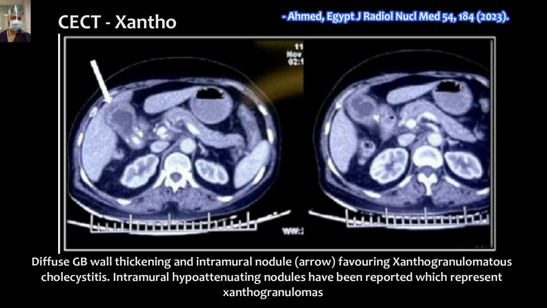As I was saying, if there are these foci or cystic changes in the wall of a thick-walled gallbladder, these favor xantho. Otherwise, irregular, unenhancing parts and focal thickening will favor malignancy. If the whole gallbladder is symmetrically thickened, with some changes in the GB wall, that is intramural nodules or foci or cysts, these favor xanthogranulomatous cholecystitis.